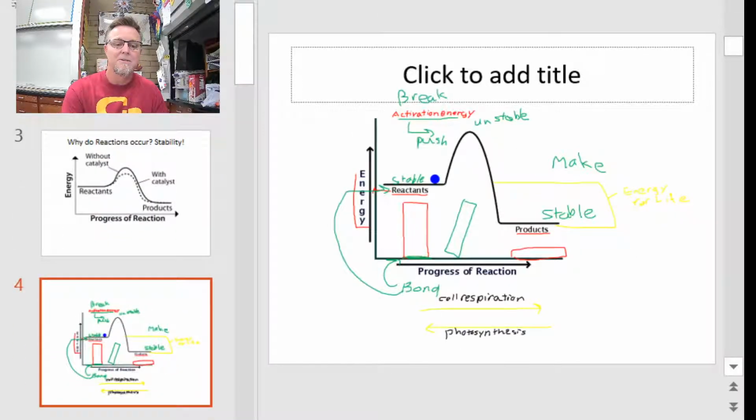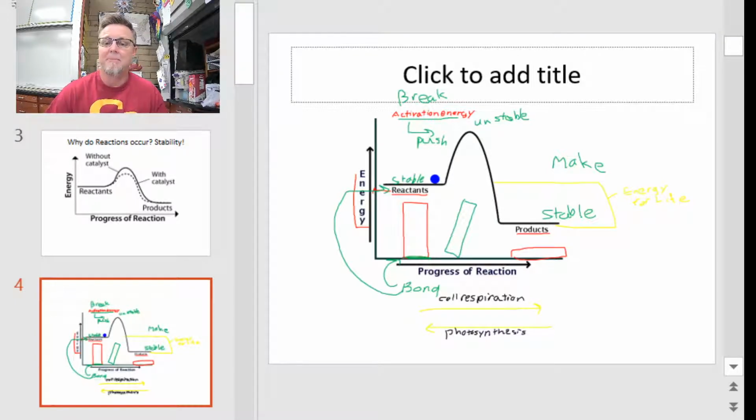Here's another way to look at it. Same basic graph. We're going from reactants to products, and the reactants are stable. The products are stable. In the middle, we've got some instability. So we have to add energy to our stable molecules to make them unstable and force them to react.